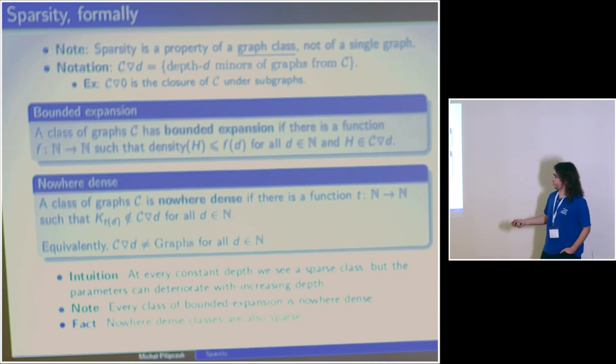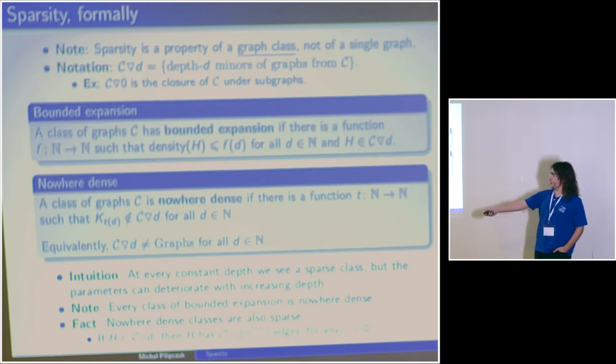However, it is also true that nowhere dense classes are actually sparse, in the following sense: whenever I take a depth D shallow minor of a graph from my class, then the number of edges is not necessarily linear, as it would be implied by bounded expansion. It is almost linear. It is like n to the 1 plus epsilon for any epsilon that I wish for.